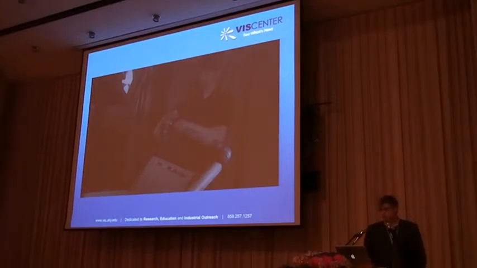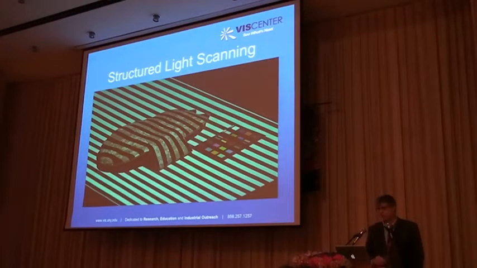So this has worked very well, but Dr. Seals wanted another method that was faster and that could integrate into the workflow, wasn't so labor intensive. So they developed, and this is what we used in Spain at the Escorial Library and also here at Academia Sinica last year, structured light scanning.